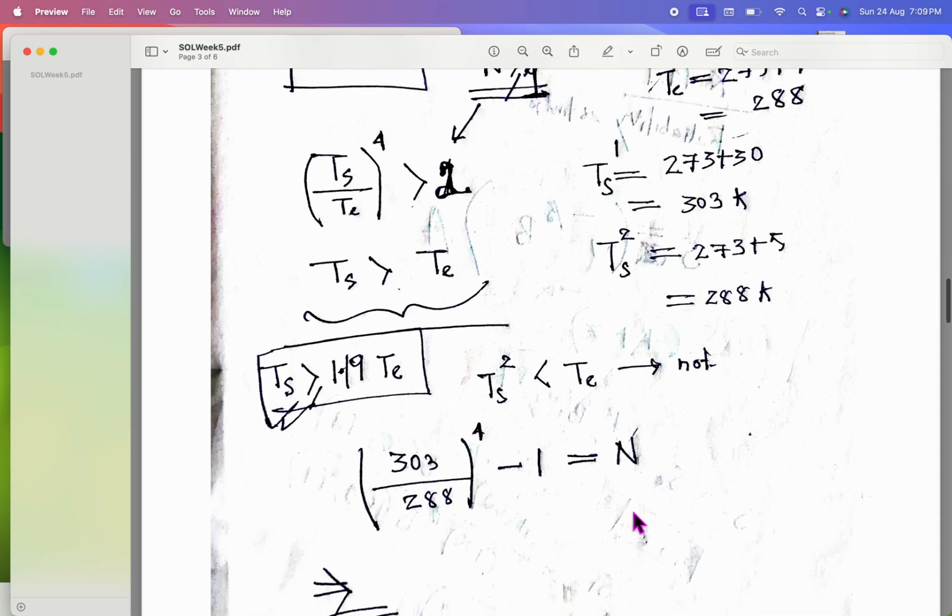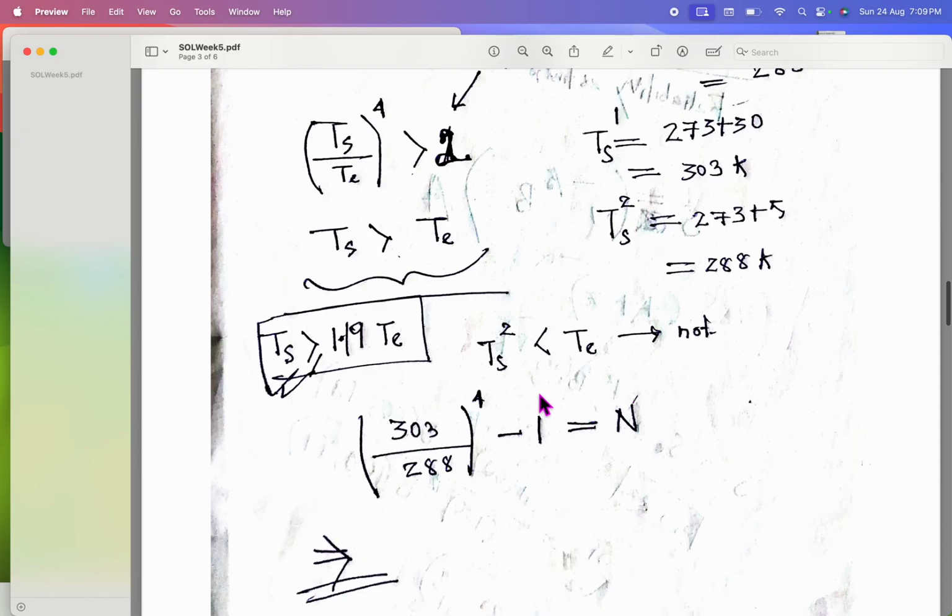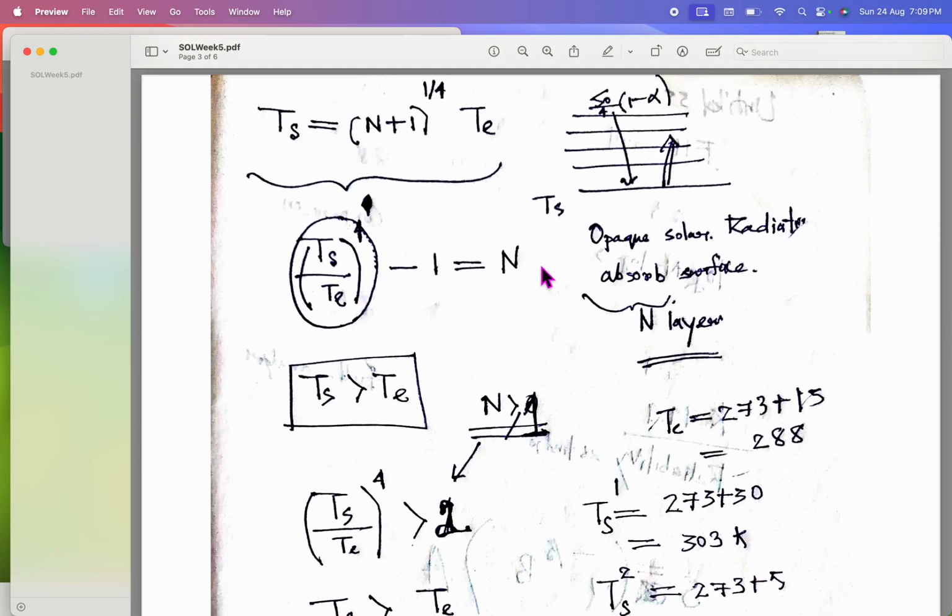Because while I was using 30 degrees Kelvin, I was not getting n greater than 1 also. So yes, (Ts by Te) to the power 4 minus 1 must be greater than 1, greater than 2. Ts by Te to the power 4, 2 to the power 0.25 Te.